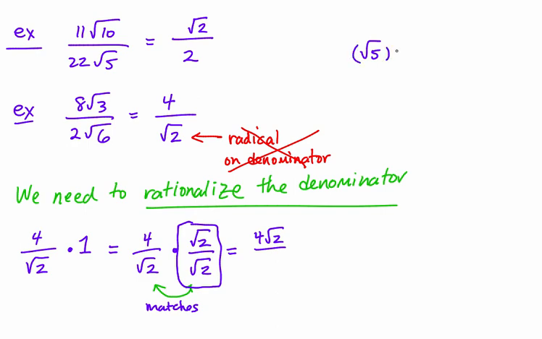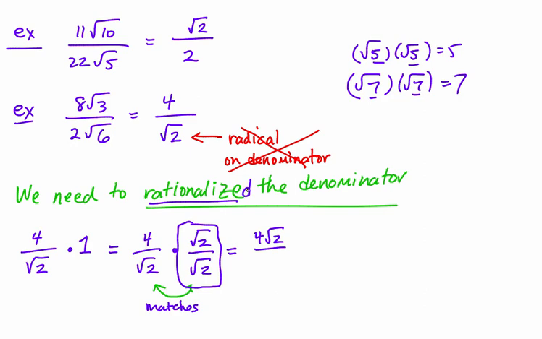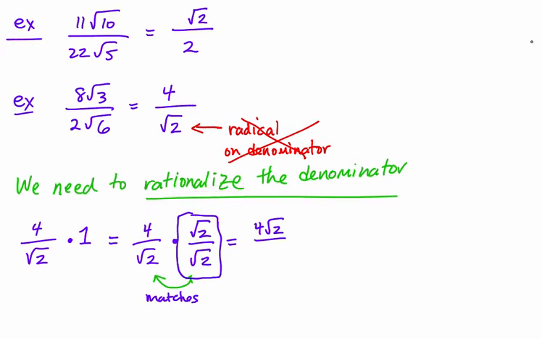Like if you have root 5 and you multiply it by root 5, you get 5, and if you have root 7 times root 7, you get just 7, because those two are their pairs. So anytime you multiply a radical by the same radical, it just becomes the rational number, and you've rationalized the denominator.